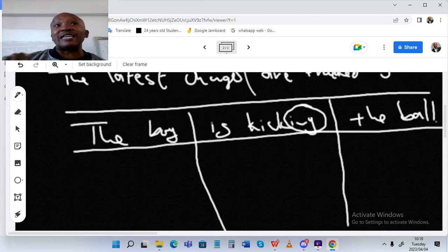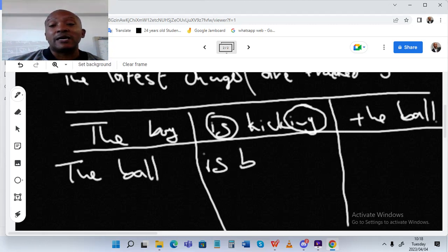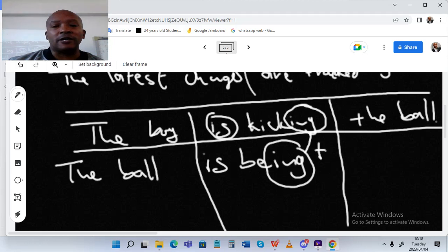So when you rewrite this time, you're going to go the ball is, because that's present tense, the tense stays the same, is, here is your continuous tense, being tracked, is being kicked by the boy.